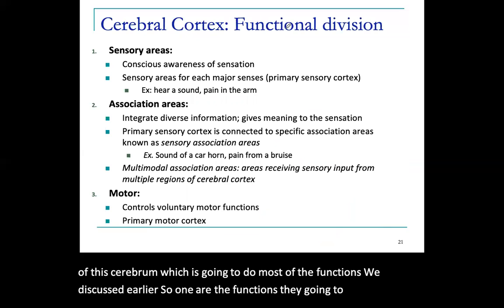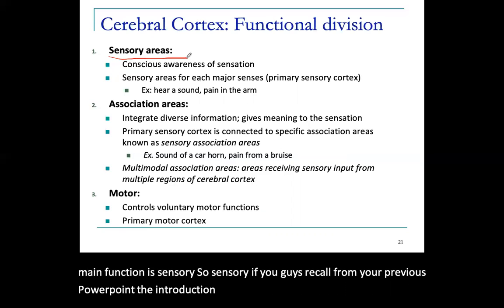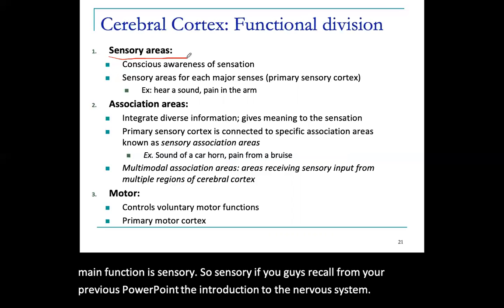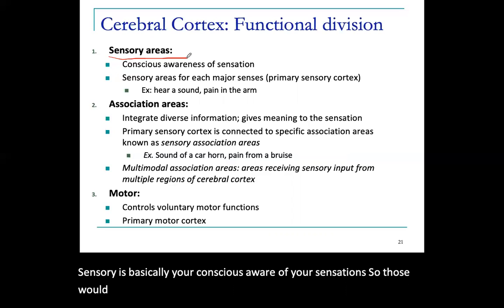One of the main functions is sensory. If you recall from your previous PowerPoint, the introduction to the nervous system, sensory is basically your conscious awareness of your sensations. Those would be your sense of hearing, taste, vision, smell, touch, etc.